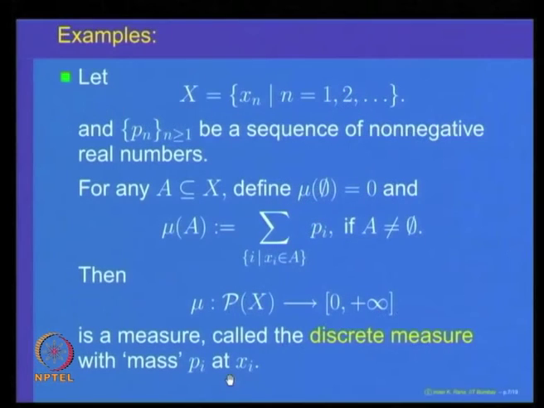So that says that this set function mu that we have defined is countably additive.